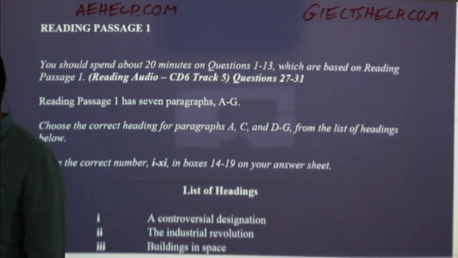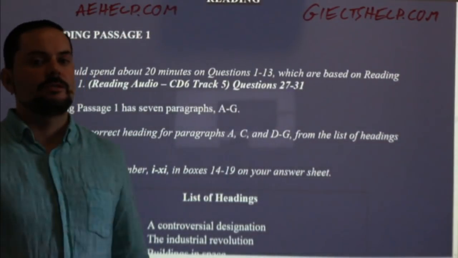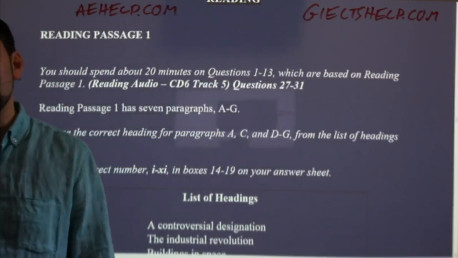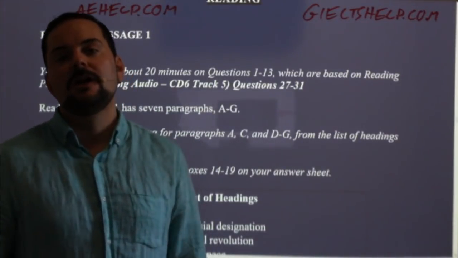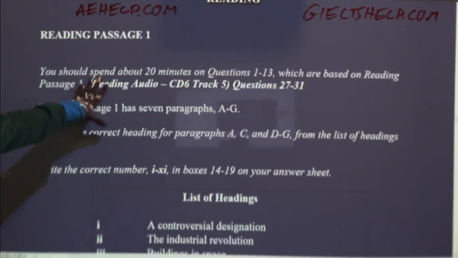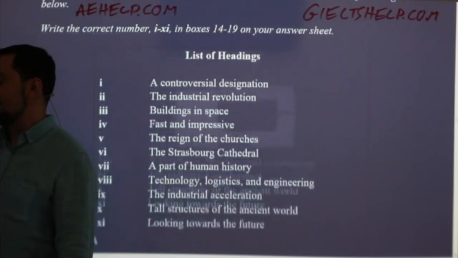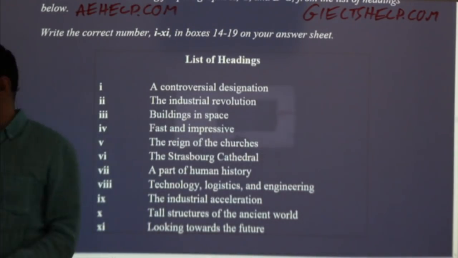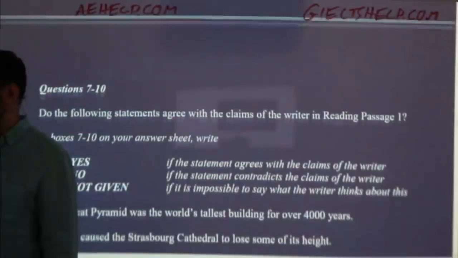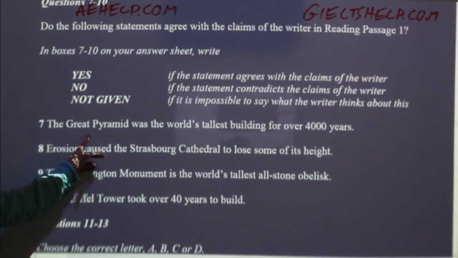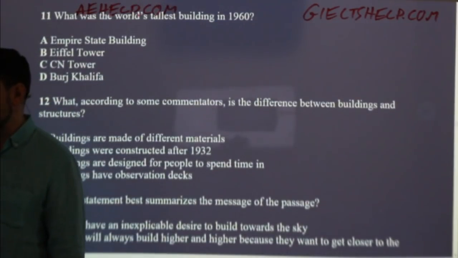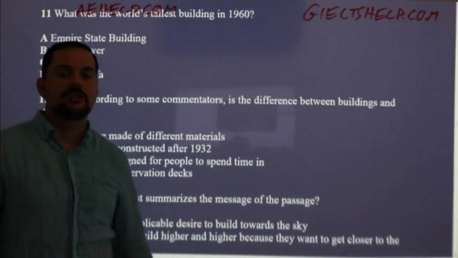This passage has 3 of the most feared and hated types of questions in the reading section of the academic IELTS, but you might see something similar in general IELTS as well, so pay attention. It has a list of headings type question. So here's that list of headings. We'll talk about that in a minute. Then here's the passage. And then it has a yes, no, not given set of questions, and then finishes off with 3 multiple choice questions.